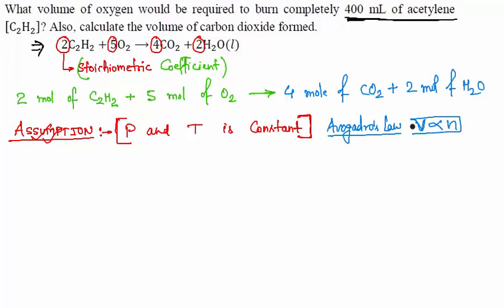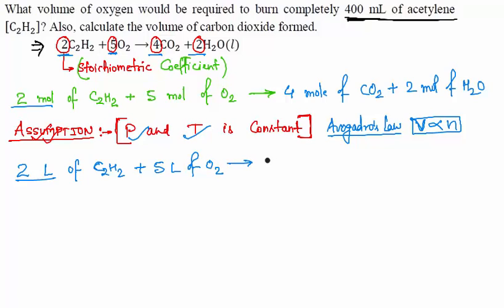So you can use these stoichiometric coefficients in liters instead of moles: 2 liter of C2H2 reacts with 5 liter of oxygen to give 4 liter of CO2 plus 2 liter of water.